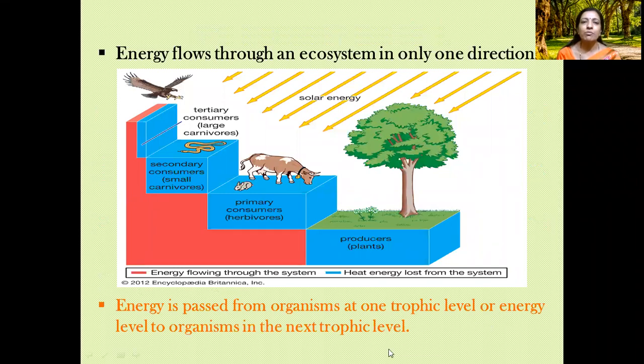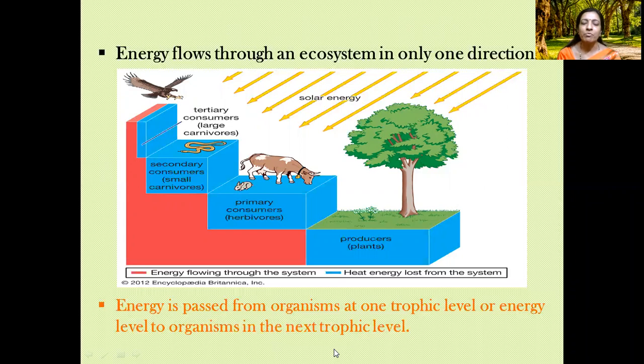Now, energy flows through the ecosystem from one trophic level to the other. The energy flows in only one direction. It is passed down from the organisms of one trophic level to the next trophic level.